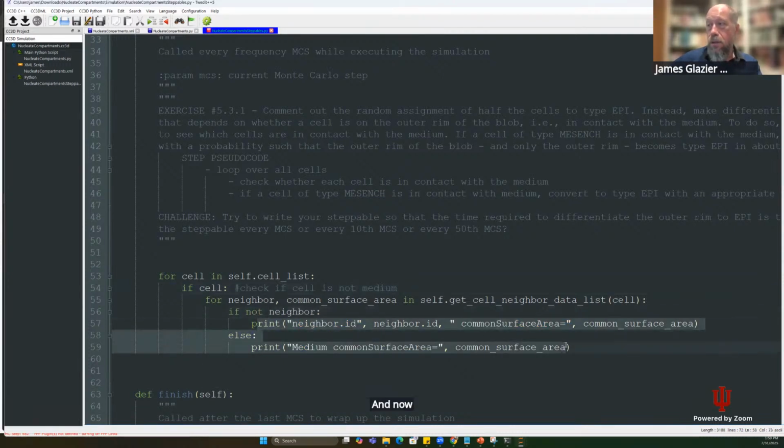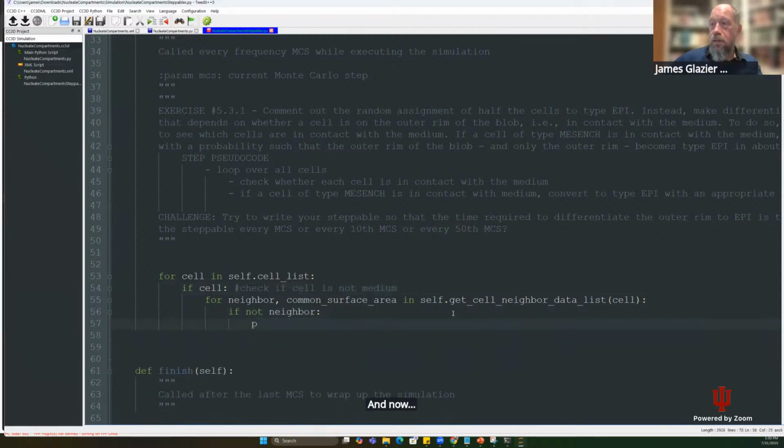And now check if neighbor is medium. Is this big enough for people to read? Okay. And now we're going to indent one more step. Yep.